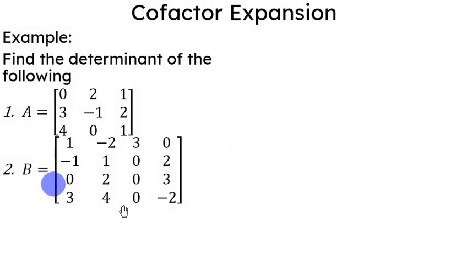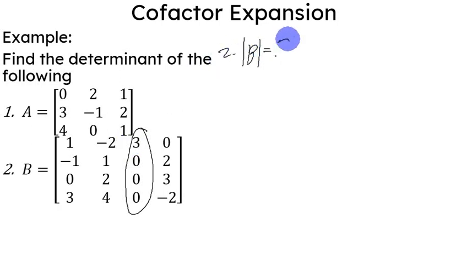If we're going to find the determinant of B here, it's better to do the cofactor expansion in the third column, because all we need to do is multiply 3 to its cofactor, that would be C sub 1, 3, and the rest are zeros. To show the cofactor expansion for matrix B, let's go to the next video.